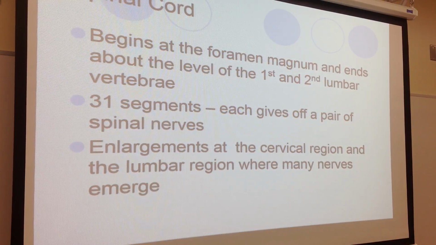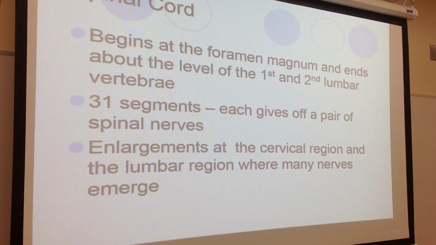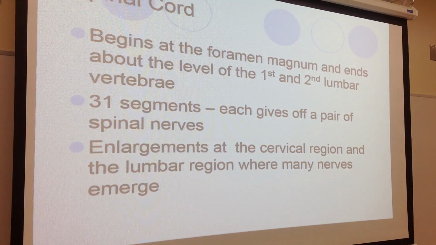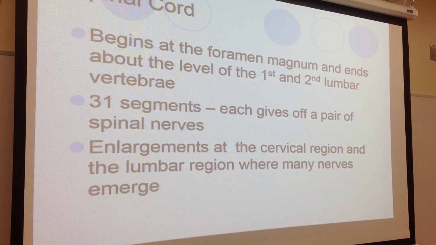Now, how far down does the spinal cord go? Well, it only goes down as far as the L1, L2 level. That's where it stops. Now, obviously the vertebral canal goes beyond that, and there's something in there, but it's not spinal cord, because that stops about the L1, L2 level.